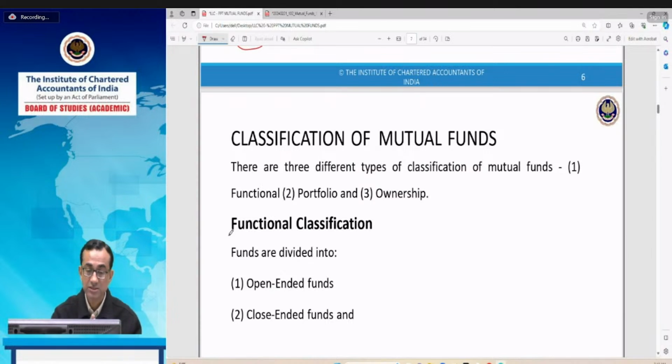Now come to functional classification of mutual funds. It is divided into two: open-ended fund and closed-ended fund. I will take some time to explain this because this is the basic crux of the mutual fund.